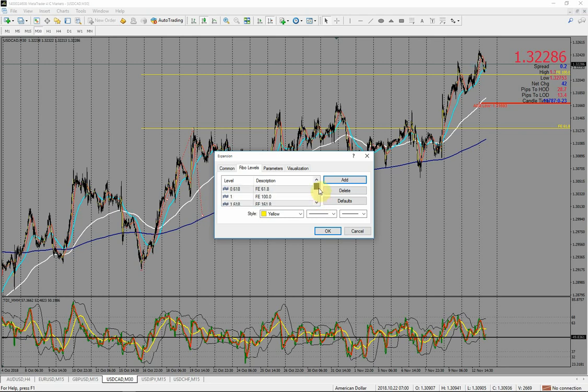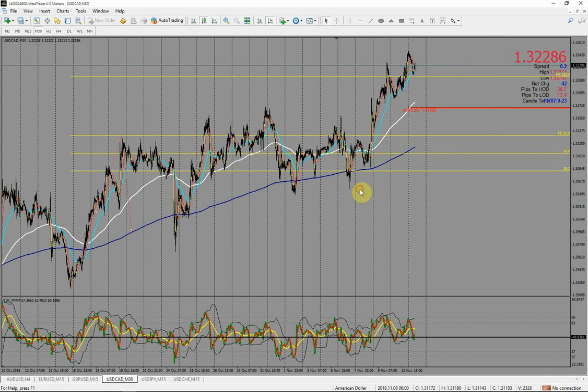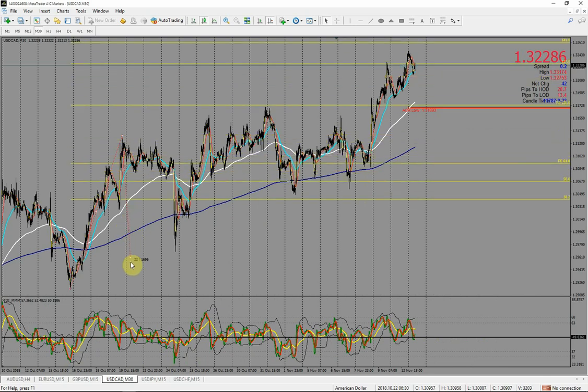Let's see what we have up there. We have only 161, so we're gonna have to enter 1.41, then you had 141.0, and then it's 1.27, it's 127.0, and there we go. So I have my Fibonacci expansions there.